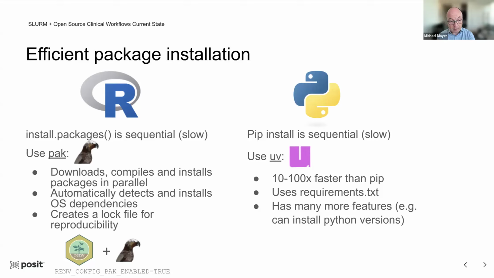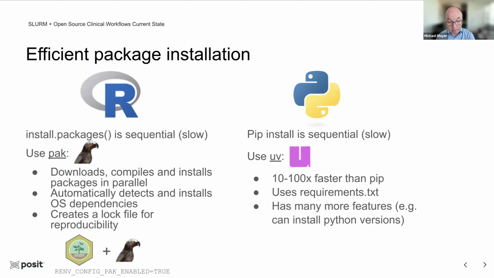And for reproducibility, PAK can also create a log file like you are probably used to from the renv package. Likewise, UV is to some extent a pip replacement, but also much more. Because it's a pip replacement, you can still use your requirements.txt file without any problem, just making use of the enhanced speed that you get out of it.